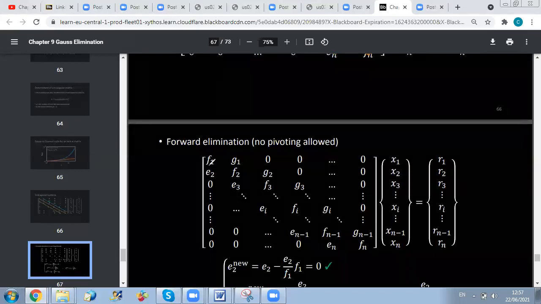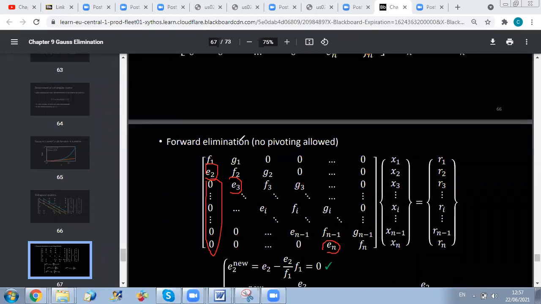Why? Because look here, for example, you just need to do forward elimination for this term, because all other terms are zero. So you just want to perform forward elimination for the E terms, E2, E3, until En. And when you do the forward elimination, the coefficients to change will not be as many as in the previous case, because you have a lot of zeros. For example, if you want to start with the elimination of E2, what is the technique?